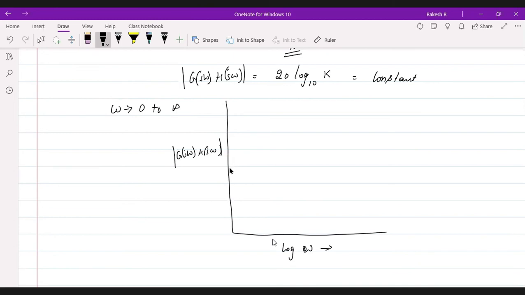This will be some constant value, completely a straight line when you vary omega. That means when the value of omega is varying, the system gain remains a constant value throughout. That is the value of k.